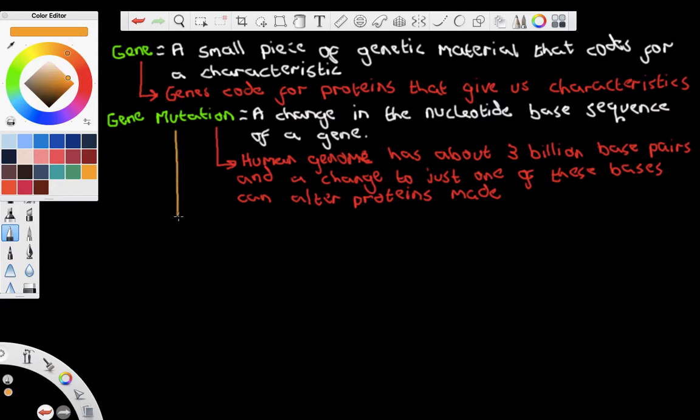So we can say that changes to bases occur as errors in DNA replication.